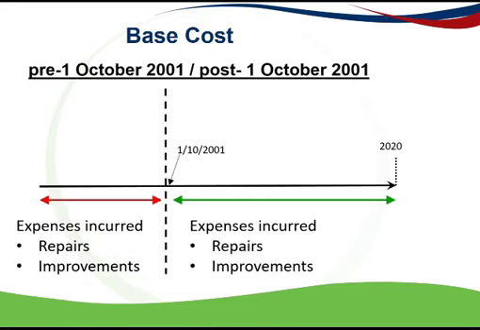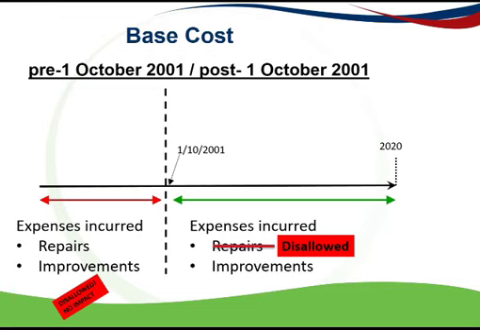Now, if we look at actual expenses incurred in terms of these dates, any expenses actually incurred before the 1st of October 2001 are disallowed. They have no impact on the asset, because remember, that's before capital gains tax came into effect, and we're going to work out a valuation date value in terms of what the Act allows us to. Expenses after 1 October 2001, remember, repairs are not a capital expense.